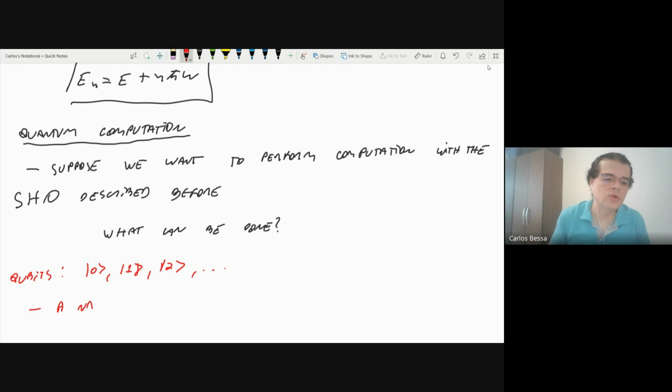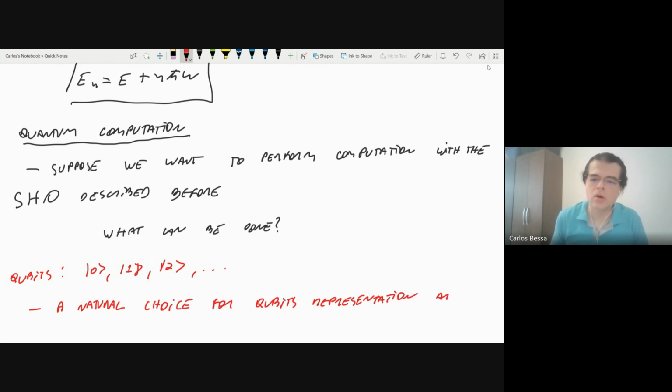So a natural choice for qubit representation are the energy eigenstates, which we call n.